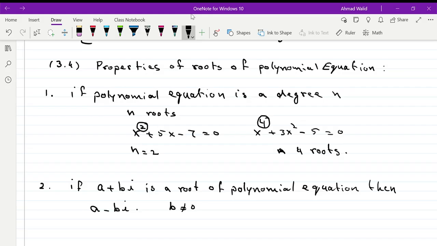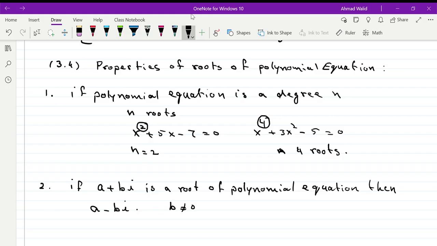This property is really important. If, for example, they give you the roots of a polynomial equation, you can write the actual polynomial equation, correct? And we use this property to do that.